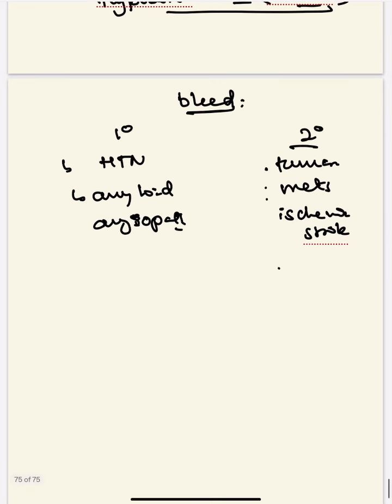So these are the causes of primary and secondary hemorrhage.